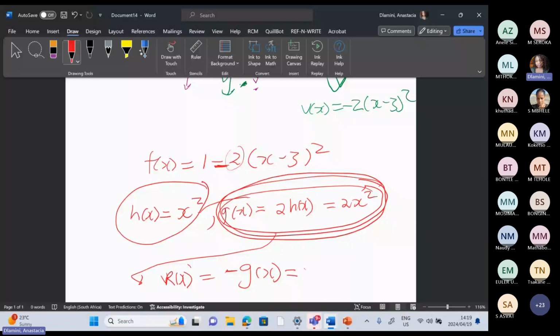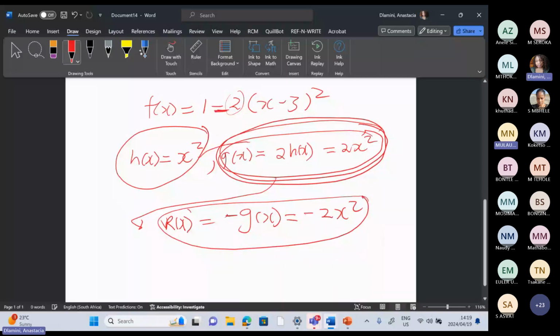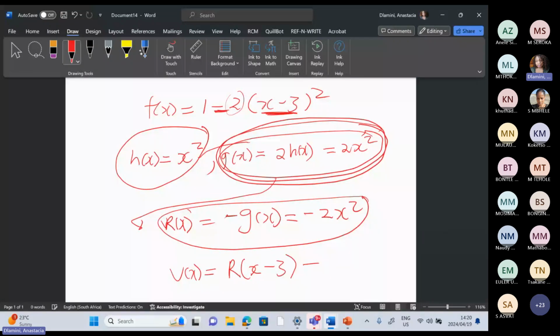Now that I'm done with the outside, I take this r of x and shift it 3 units to the right. Let's call it v of x. So it becomes negative 2 times (x minus 3) squared. Then I drew this v of x.